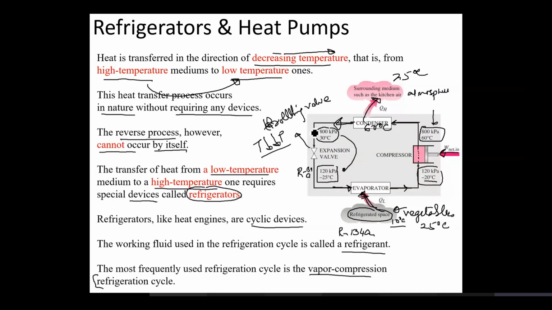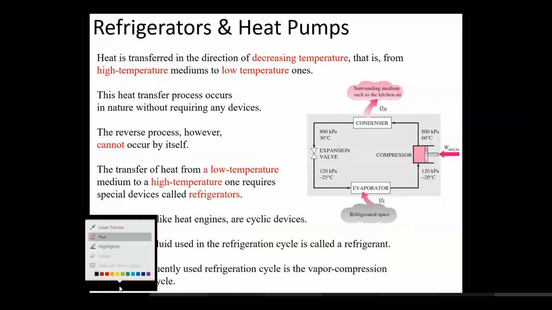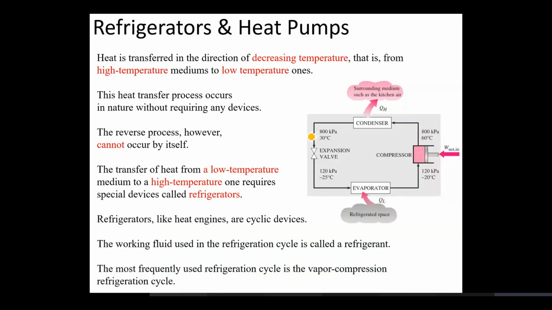So this is again, if I remove all the ink and show you this gray region, this is your engine or your refrigerator. This is the device. All these components make up the device. Essentially, what is happening? Your refrigerator is at 10 degrees centigrade. Your kitchen is at, let's say, 25 degrees centigrade.